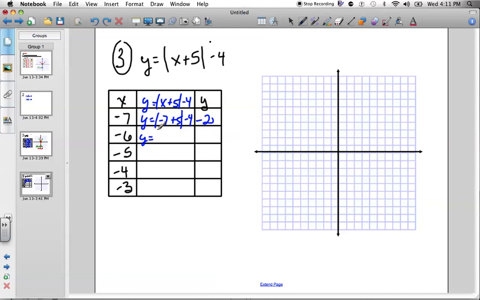If we put in -6, -6 plus 5 is -1. The absolute value of -1 is 1. 1 minus 4 is -3. When we put in -5, -5 plus 5 is obviously 0. The absolute value of 0 is 0. 0 minus 4 is -4.